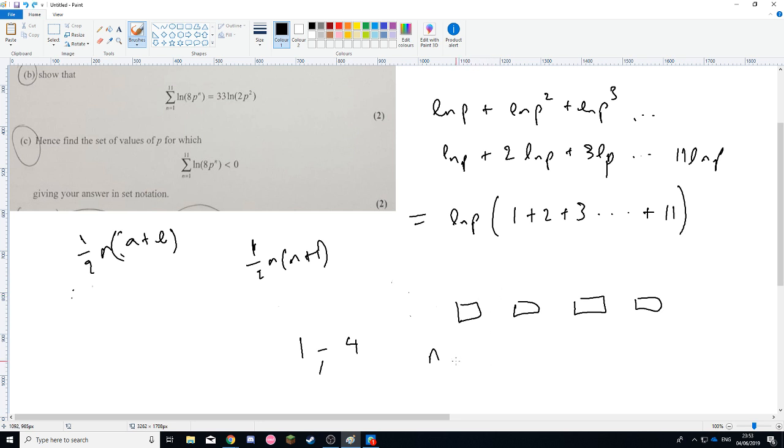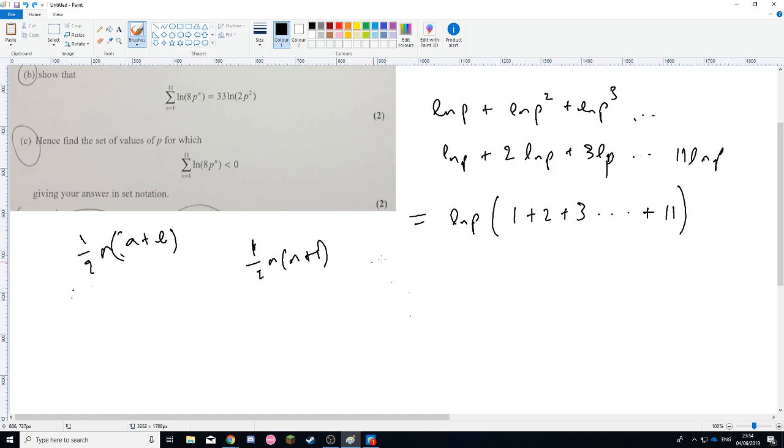So now if I'm going from 1 to 11, the number of numbers I have is 11. That's obvious for 1 to 11, but if you start at 5 to 11, sometimes it's hard to check. In this case, you have 11 minus 4 terms, which is 7 terms. You can count on your fingers 5, 6, 7, 8, 9, 10, 11, but generally this is how I do it.